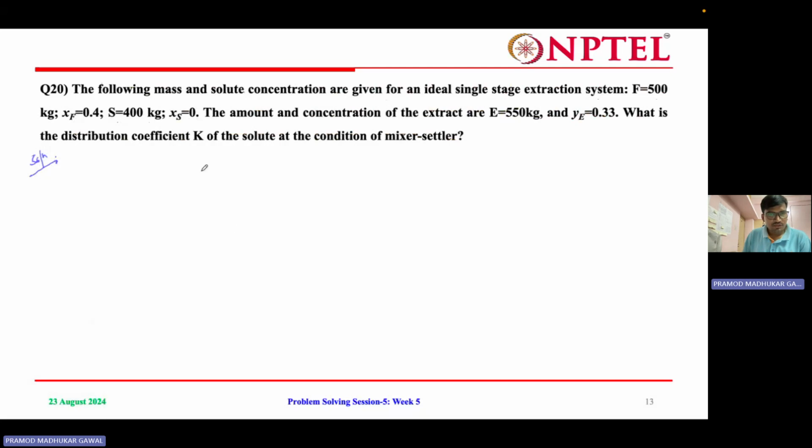So to calculate the distribution coefficient, K is equal to YC, mole fraction of the solute in the extract phase, divided by mole fraction of the solute in the raffinate phase, right? First, do the overall material balance, OMB: F plus S equal to E plus R, right?